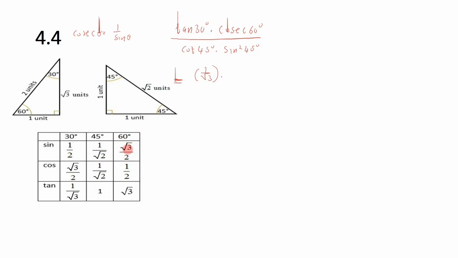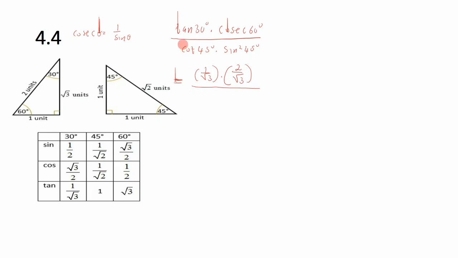Since cosec is an inverse of sine, we write this in an inverse way. We take this denominator, make it a numerator, and the numerator we make it a denominator. So cosec 60 is 2 over root 3. As simple as that.